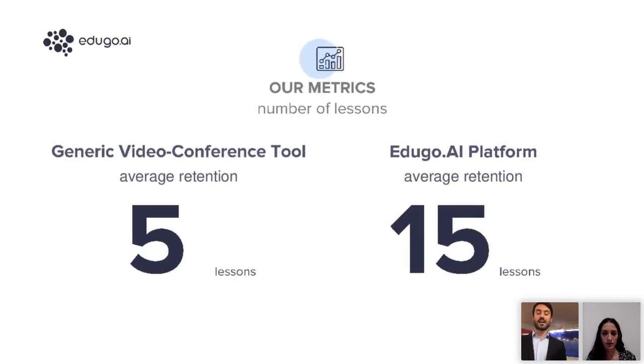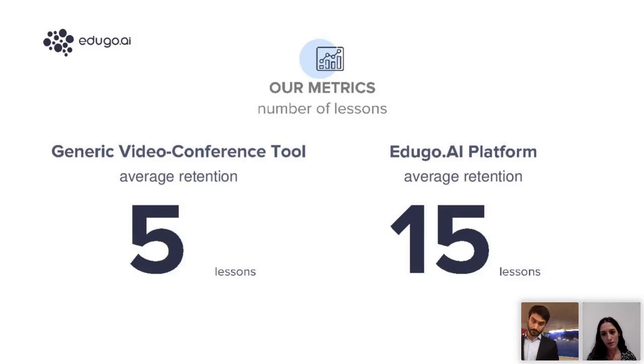And just to give you some numbers, the good thing is that we have already deployed this technology for more than 2 years. We have thousands of students using this platform, so we have data about the engagement and how much it changed using the platform.